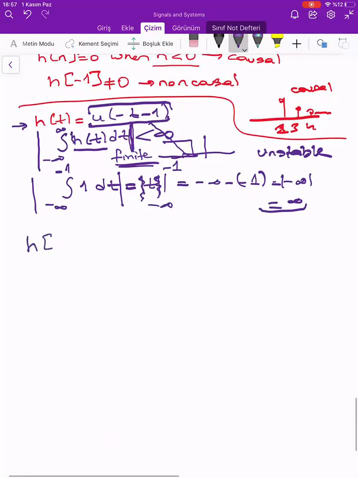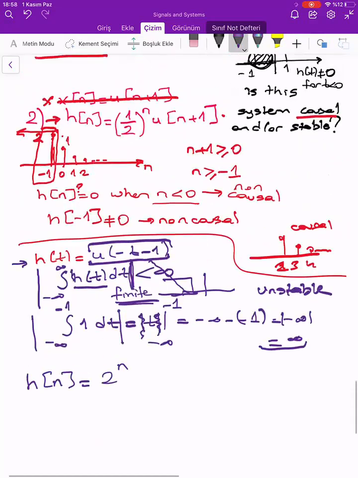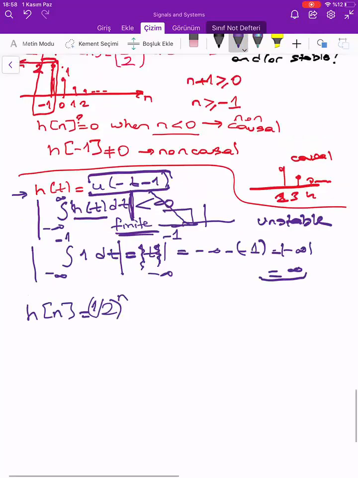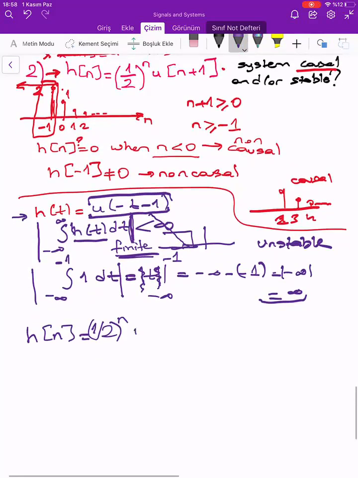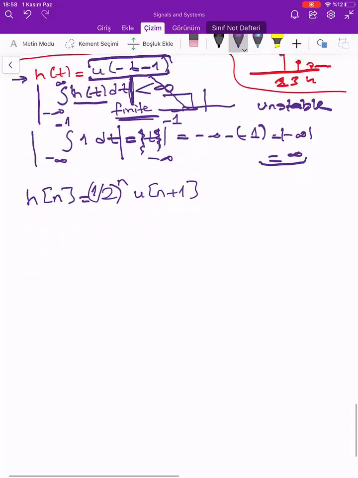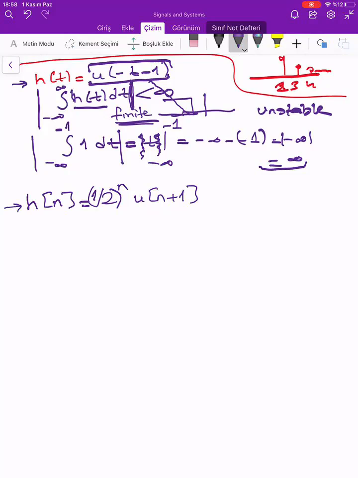It was h of n equal to 1 over 2 to the power n, u of n plus 1. Okay, now again, I'm only looking at h of n for the stability check.